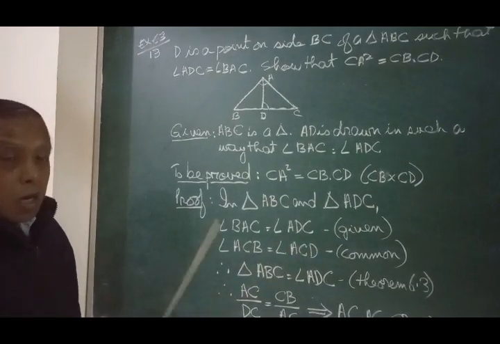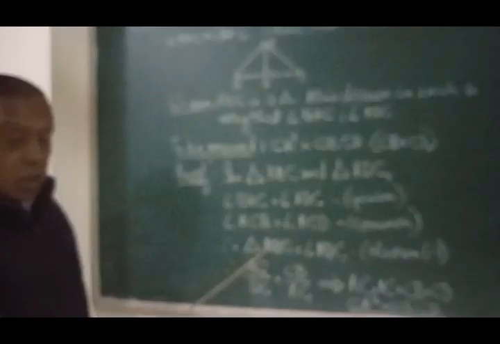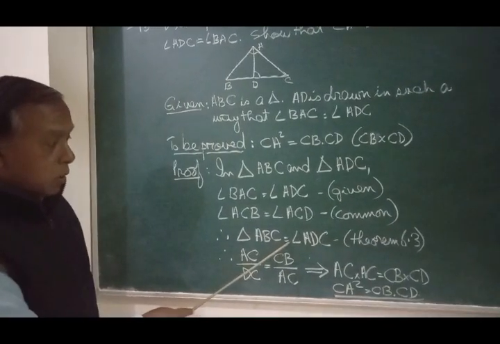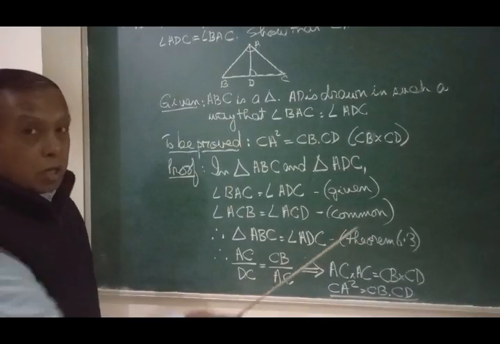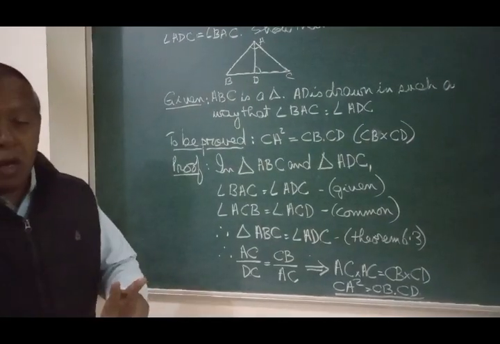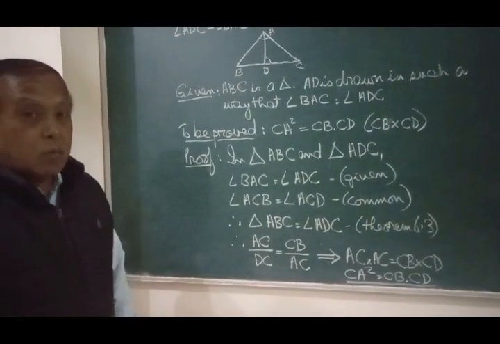And therefore, immediately we conclude triangle ABC is similar to triangle ADC according to theorem 6.3. If two angles of one triangle are equal to two angles of the other, both the triangles are similar.